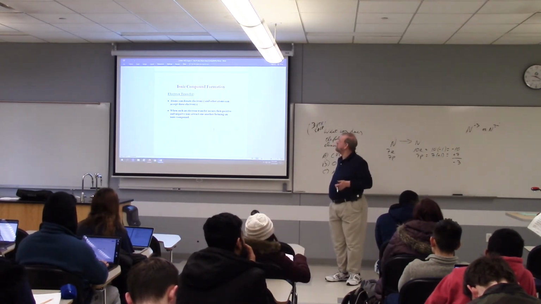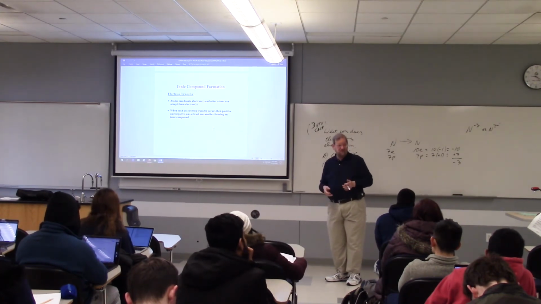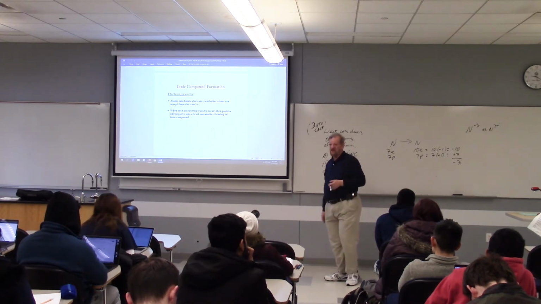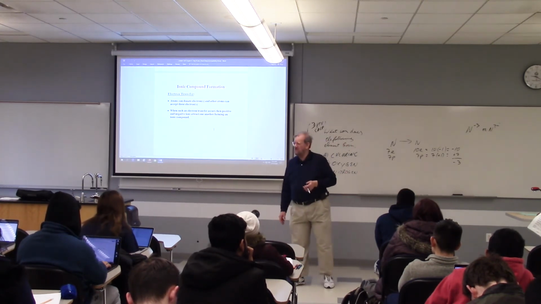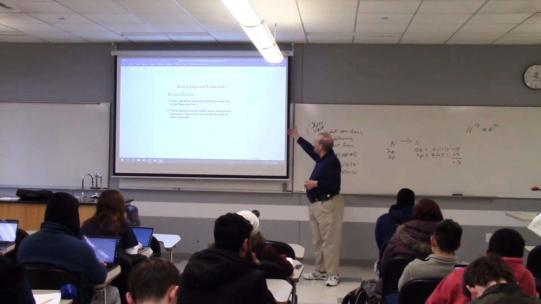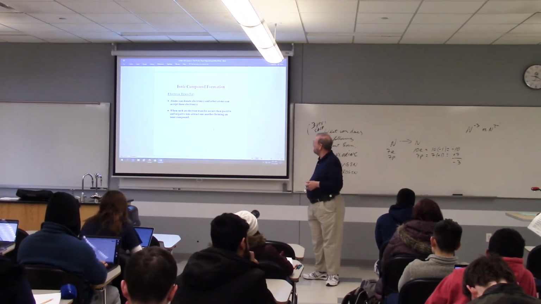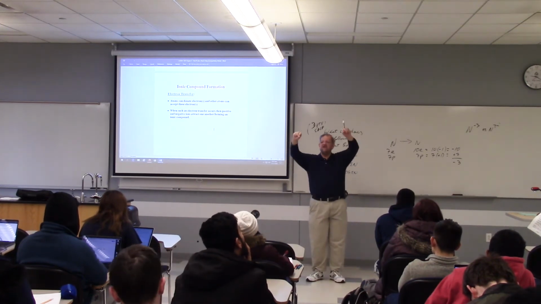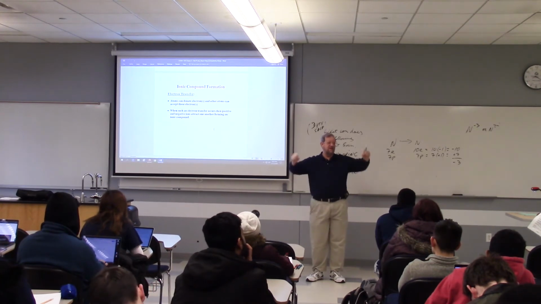Atoms can donate electrons. In other words, I'll give you my electrons if you want them. Here, take my electrons. Or they can accept them, like, hey, give me your electrons right now. And when that happens, you form positive and negative ions, and you have electrical attraction called Coulombic attraction.